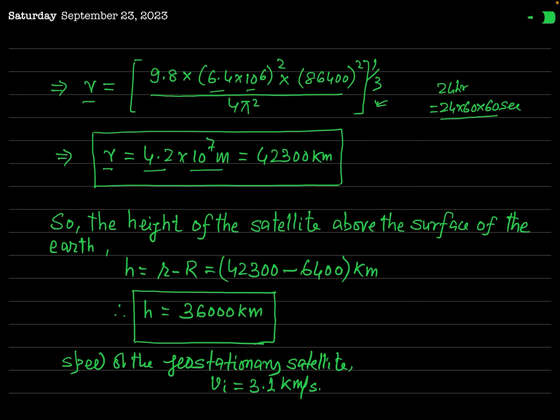Roughly, we also say that the radius of the orbit of a geostationary satellite is 42,000 kilometer, but its exact value is 42,300 kilometer. But roughly, you can remember that the radius of the orbit of a geostationary satellite is almost 42,000 kilometer.